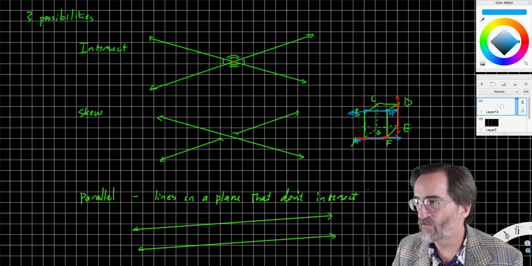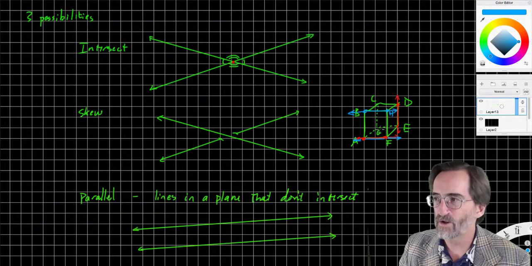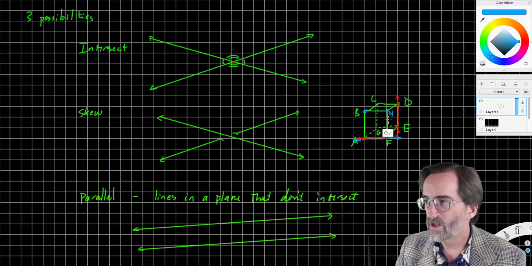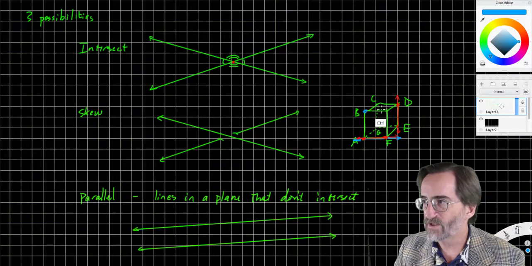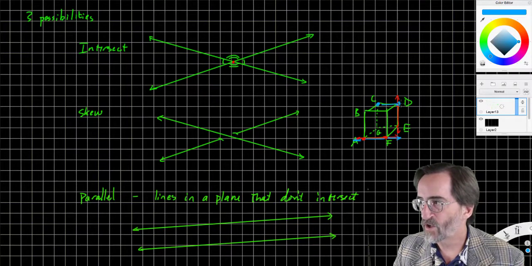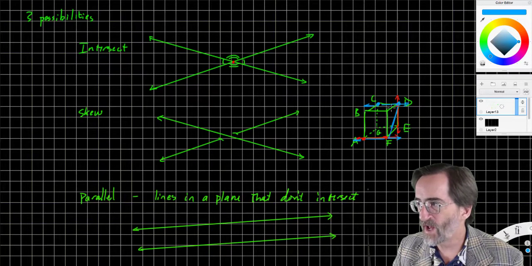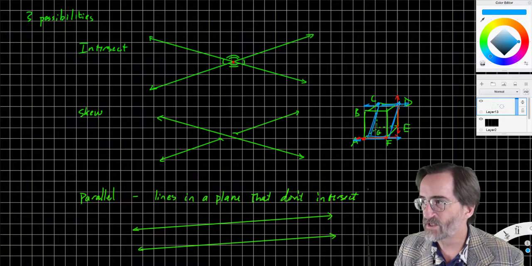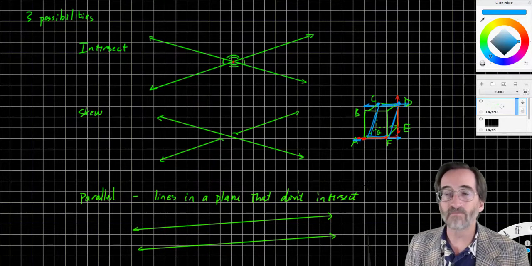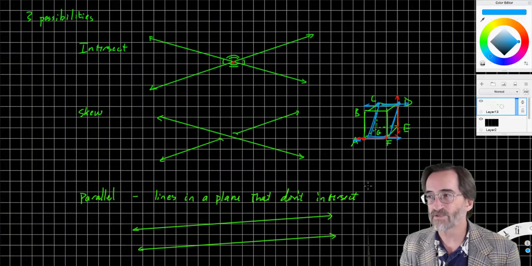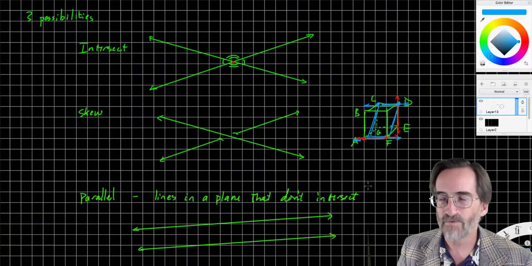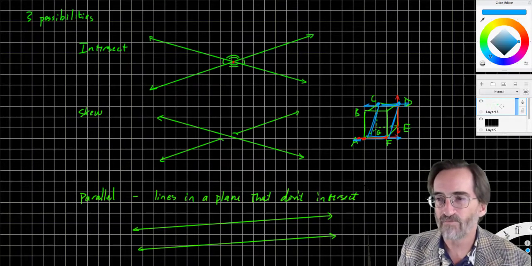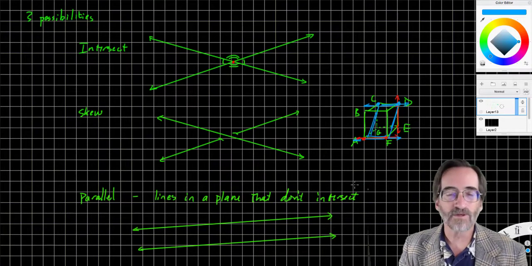BH and AF are parallel. They're in the same plane and they go the same direction. Or, and this is not as obvious, what about CD? If you can imagine the plane cut by the diagonals here, CD and AF are in the same plane, same flat surface, and they are going the same direction. They will never cross. They are parallel. So those are the three possibilities.